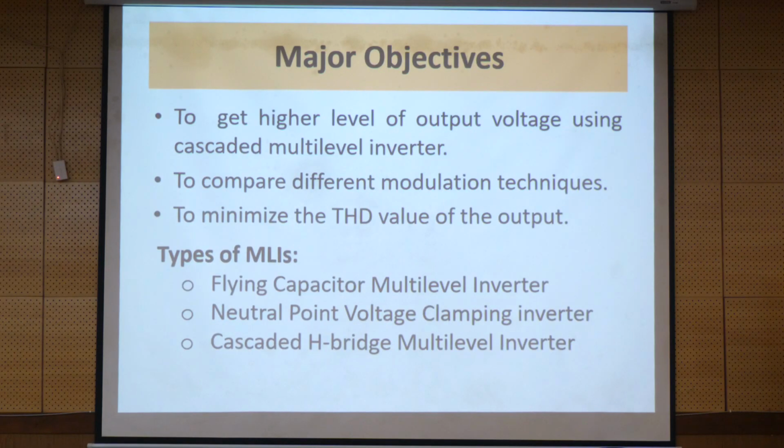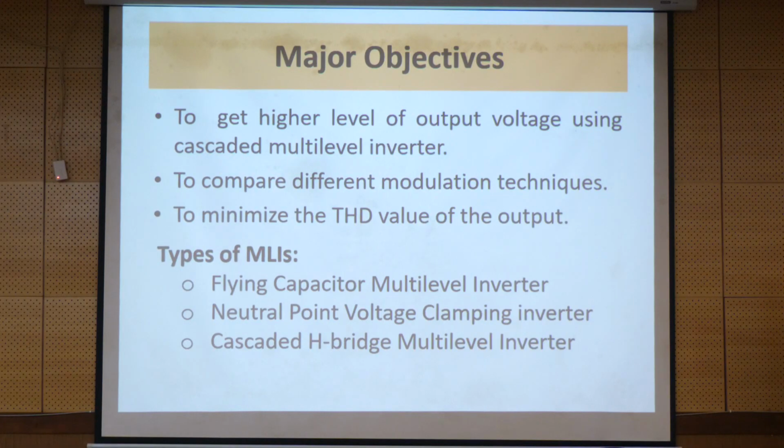These are the basic conventional multi-level inverter topologies. The major objective is to get higher levels of output voltage using cascaded or different types of multi-level inverters, to compare different modulation techniques, and to minimize the THD value.